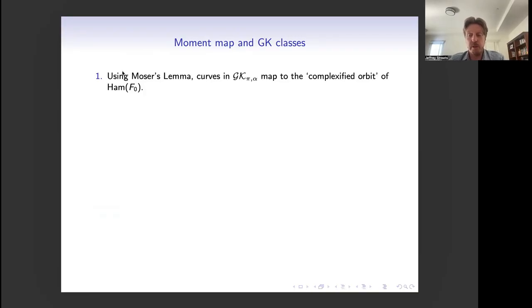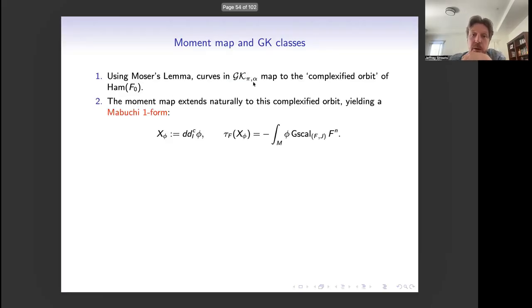So to get where I want to go, I have to rapidly go through some further structure theory associated to this. It turns out that using Moser's lemma, you can show that curves in GK pi alpha do map to this complexified orbit. So the same as what happens in the Kähler world. And then moreover, you can extend the moment map naturally to this complexified orbit, which is usually the Mabuchi energy.